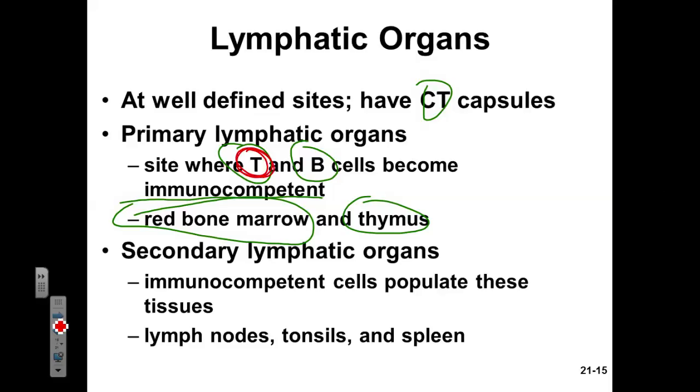And here's a good analogy for you. T cells are matured in the thymus. And then B cells are matured in the red bone marrow. And I have to let you know, just for the sake of being technically correct, B cells are not called B cells because they are matured in the bone marrow.